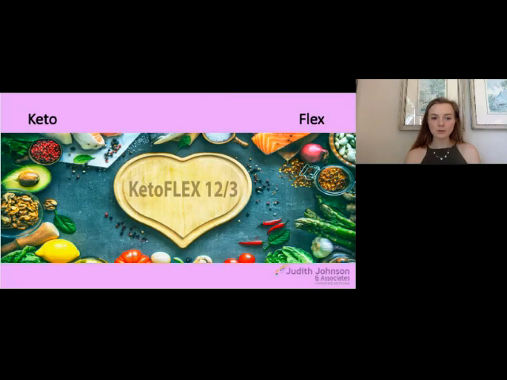The first part of the word, keto, refers to the process that occurs in your liver. We know that when our body runs low on carbohydrates, so we're taking in less carbohydrates and utilizing them quickly, so that there's less available for our body to use as energy, then your body starts to break down fat.